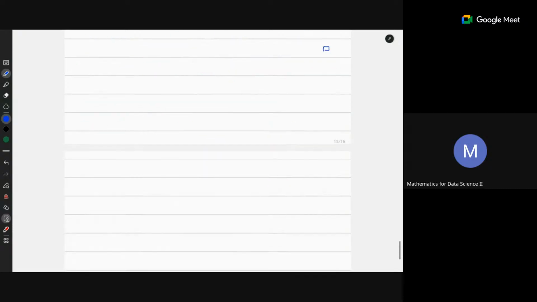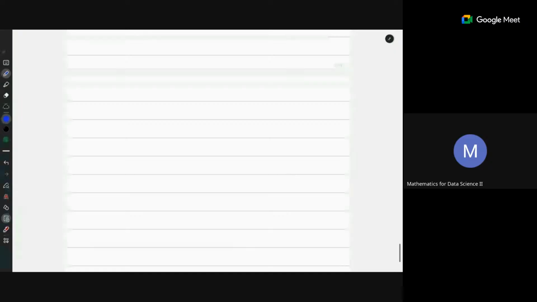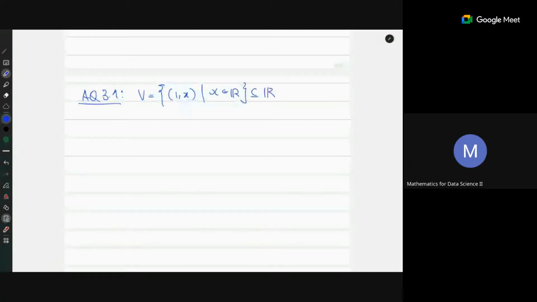So let me first discuss that. AQ 3.1. Consider the set V. You guys can also help me solve this question because it is part of your activity.